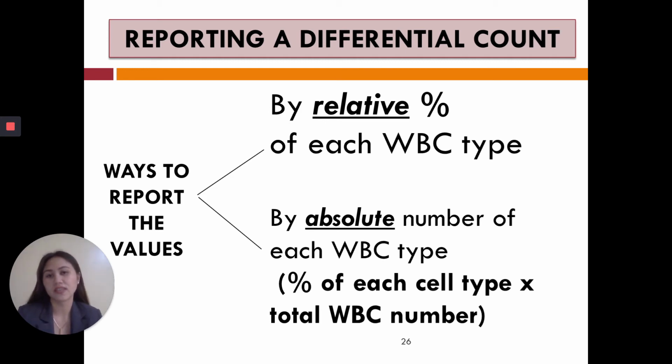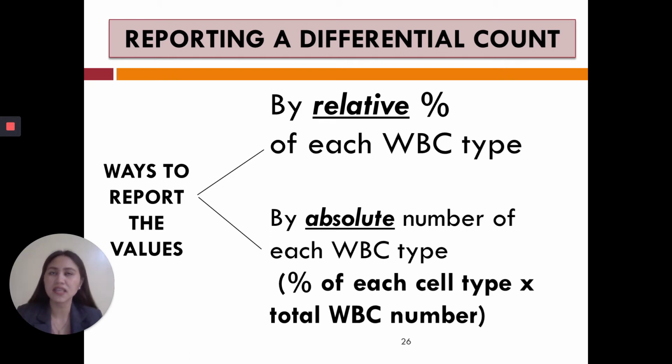Let's just say you're done with it. But the differential count doesn't end there. You need to compute the absolute number of each WBC type.